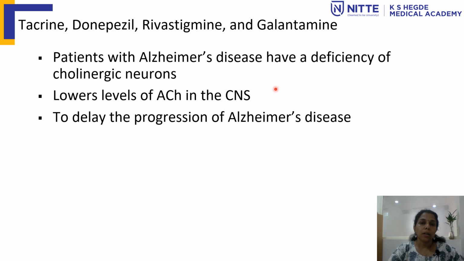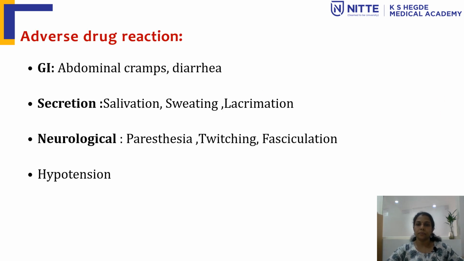So, in order to increase that level of acetylcholine, so that the progression of Alzheimer's disease can be delayed, all these drugs, the anticholinesterases, are preferred in Alzheimer's disease.